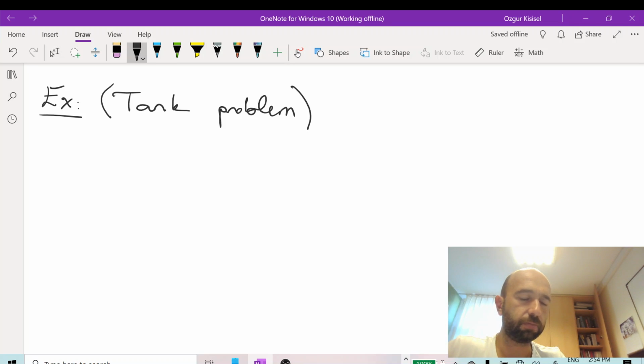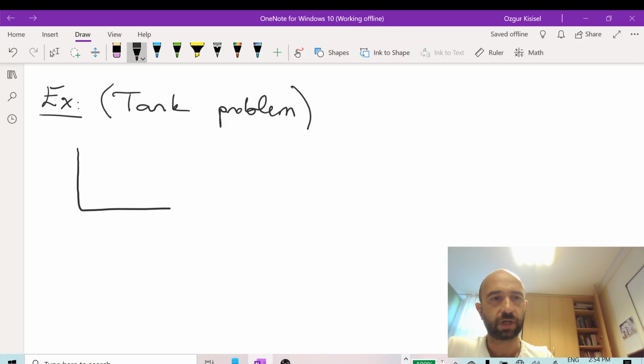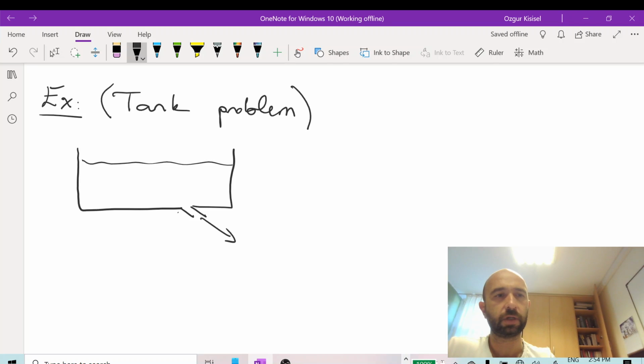It could be some body parts like a liver or a kidney, and this is also used in medicine. Okay, but we'll suppose that we have some tank with some tap where liquid can leave here, and also liquid goes in here. So, okay, I'll make up some numbers.